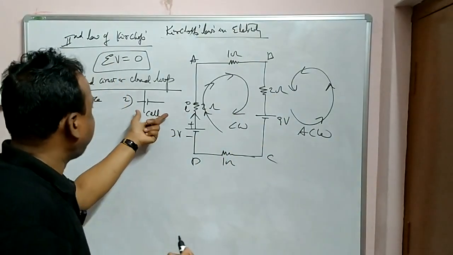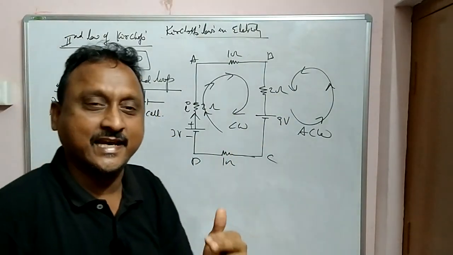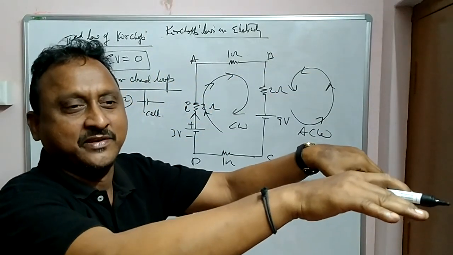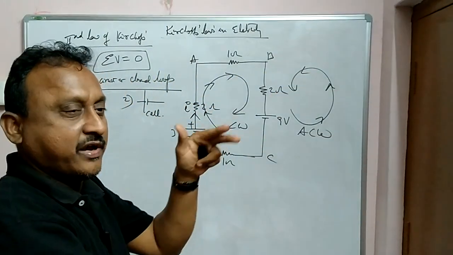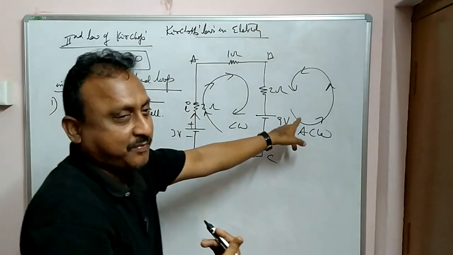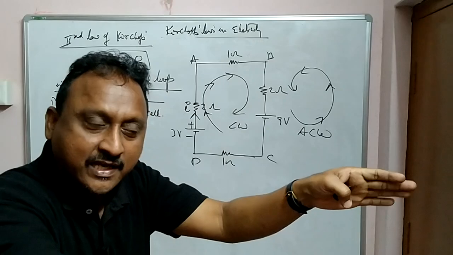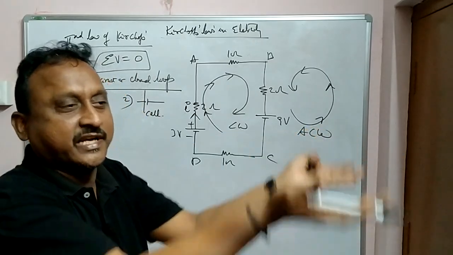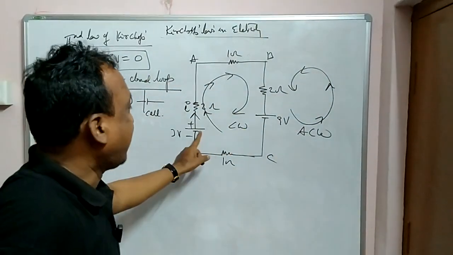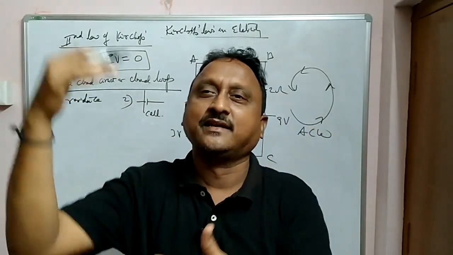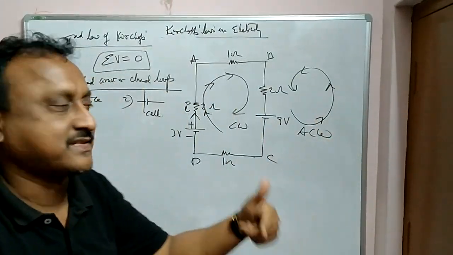This is the difference between cell and resistance. For resistance, when you are going along the direction of current, potential drop, negative value. When you are going against the current direction, take plus value. Going along the current direction there is a potential drop, going opposite to the current there is a potential gain. For resistance this applies, for cell there is no such effect. In case of cell, plus to minus take minus value, minus to plus take plus value.